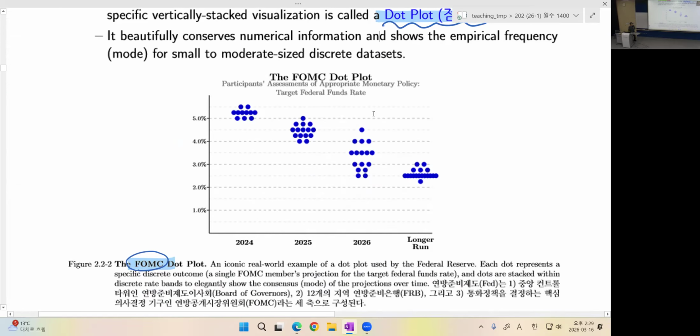And what is this one? It's like this. This is a kind of prediction. Suppose that this is year 2023.